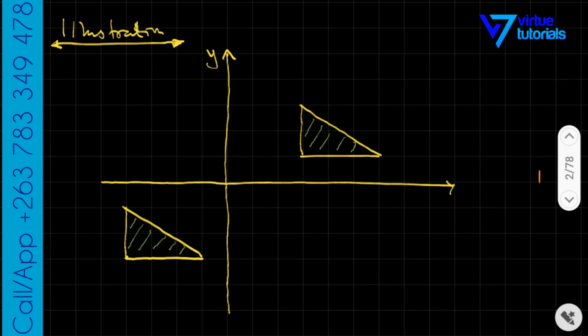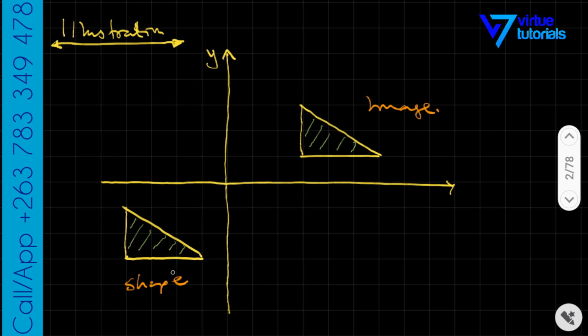Okay, so now we have an illustration of a translation. If this was the original shape and that is the image, we can see the shapes are the same size, same appearance, same orientation. The only difference between these two shapes is the position.